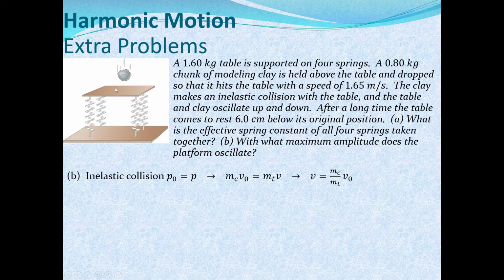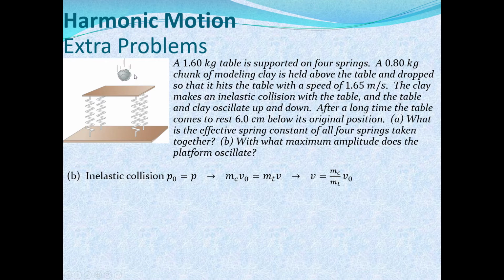Now the energy at this point, even though it's the original equilibrium position, it's going to end up falling down a bit because of the added weight to a new position. So this actually is a displaced position now.